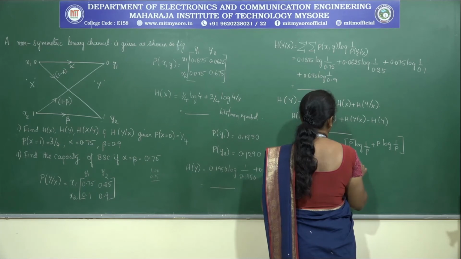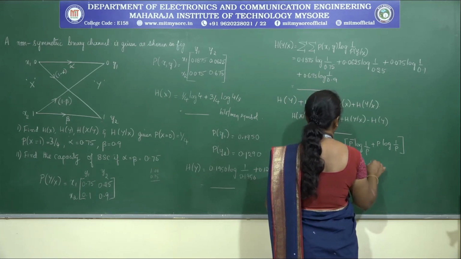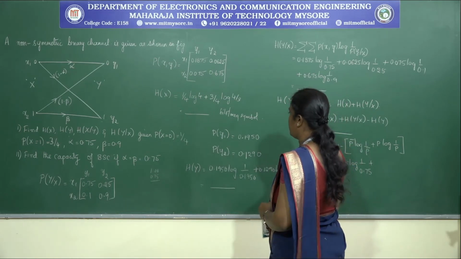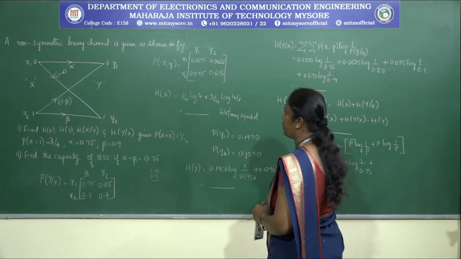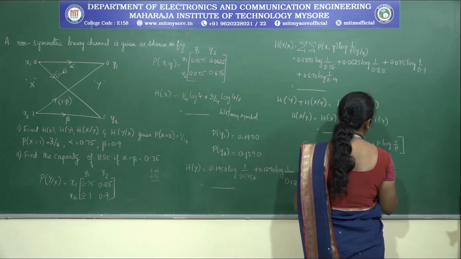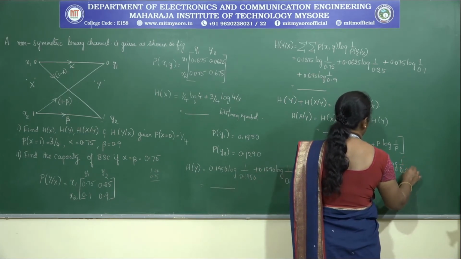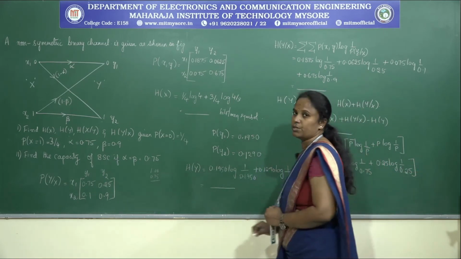So it is 0.75 log of 1 by 0.75, and p is 1 minus alpha, so 1 minus 0.75 means 0.25, plus p log of 1 by p.